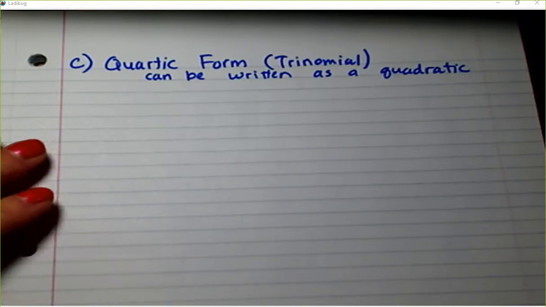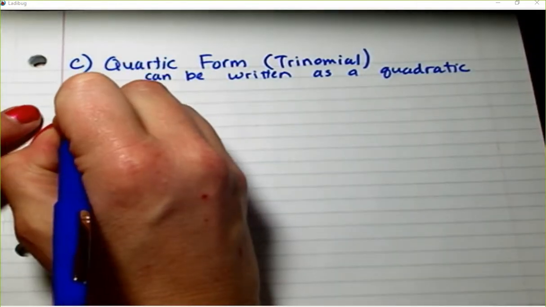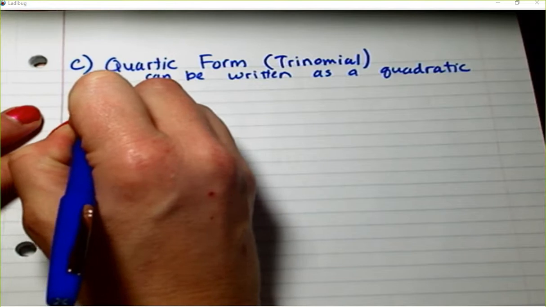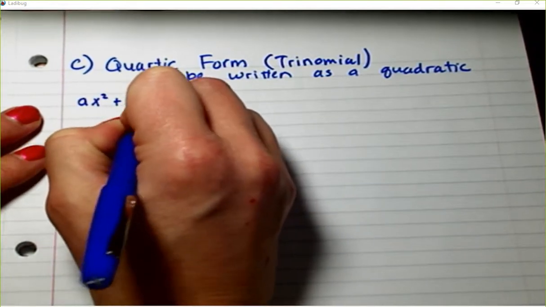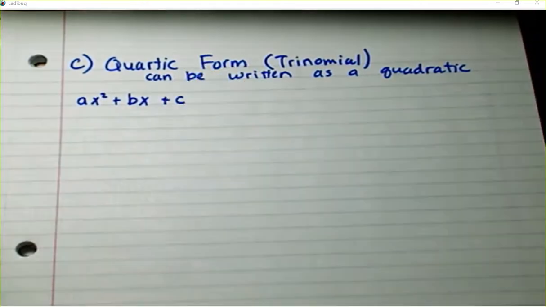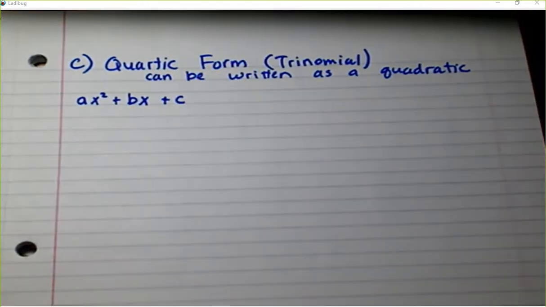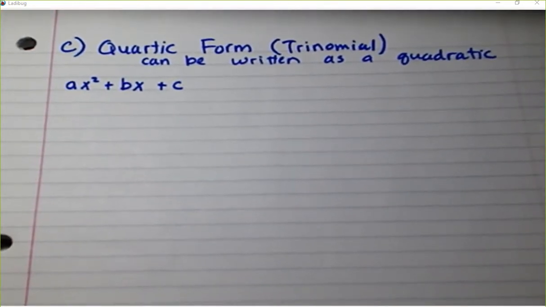So I'm going to write down a couple of these forms. Ax squared plus bx plus c. Okay, so obviously that is the quadratic. That's the basic. We're going to write down a couple others that fit this format.